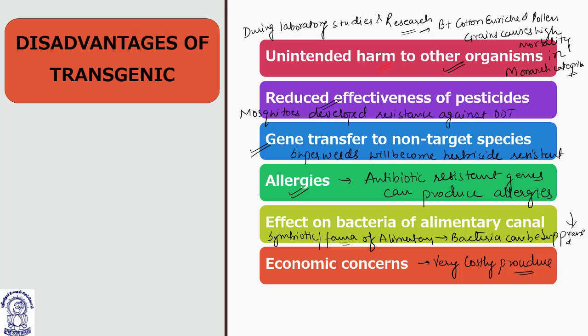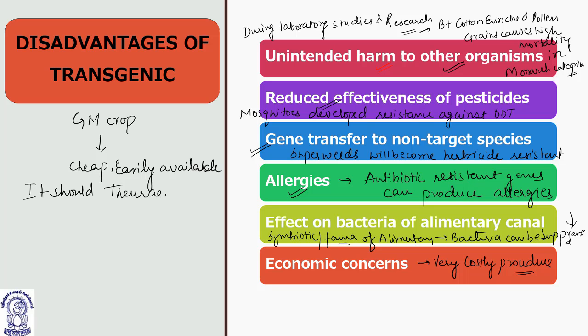So that is why we need to prepare a genetically modified crop which should be cheap, easily available, and therapeutic in action. I mean, it should not produce side effects.